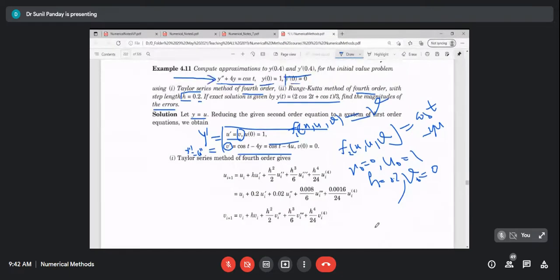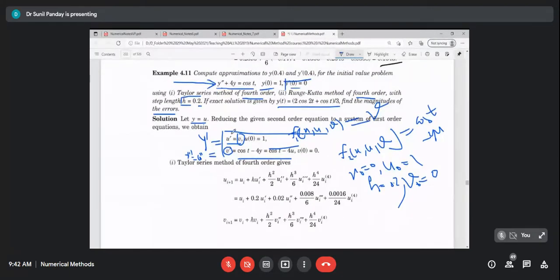Since we have to use the Taylor series method of fourth order, fourth order means you have to consider all the terms up to h raised to power 4 and neglect other terms of the Taylor series expansion of u at x i plus 1. Then you will get this expression: u at x i plus 1 equals u i plus h u i dash plus h square u i double dash plus h cubed upon 6 u i triple dash and h to the 4 upon 24 u i fourth derivative.